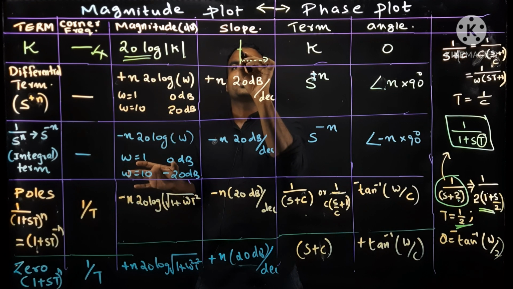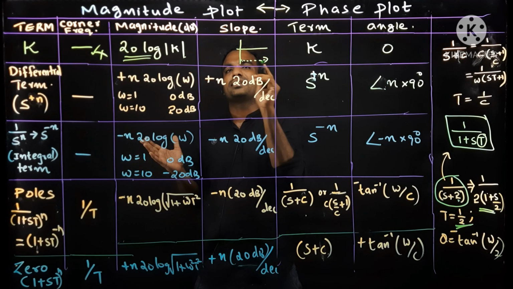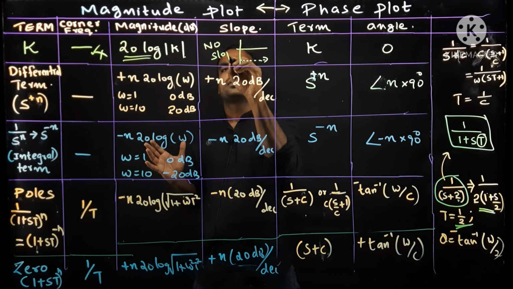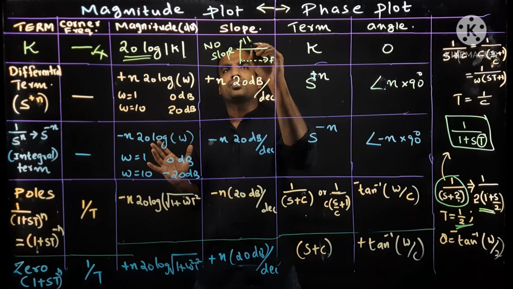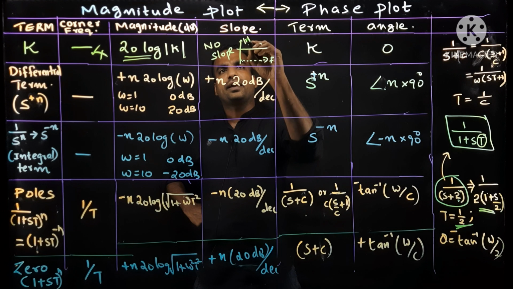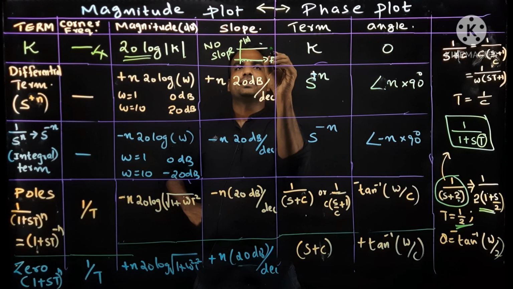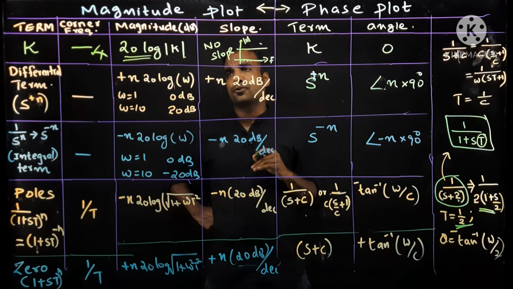So its magnitude will always be a constant. Is there any slope for this line? No. So no slope. This is the frequency axis and this is the magnitude axis. So magnitude of k is independent of frequency. So this is not having any slope. It is a constant straight line, no slope.